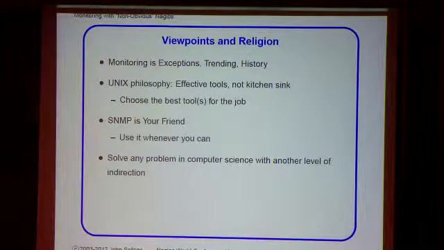I tend to believe having pretty pictures of graphs over time is best done by tools outside of Nagios. Many people disagree with that point of view. But I'm an old school Unix guy. One tool does one job well. And for my way of looking at the world, sometimes doing graphing outside in something like Cacti or Munin or MRTG or any number of other things is a good way to go.